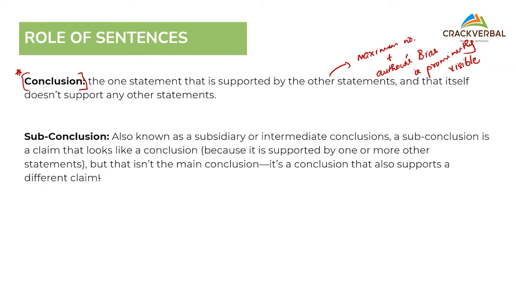Clear? Next, sub-conclusion, or for that matter, intermediate. Now, it's a very important thing. We will look at these examples. So when we read a passage or when I'm writing a para, remember conclusion will always be one, full and final one. But as I write from sentence 1 to sentence 2, sentence 3 to sentence n, another very important thing, it is not necessary that the last sentence will always be the conclusion.